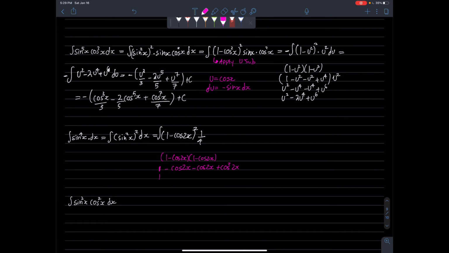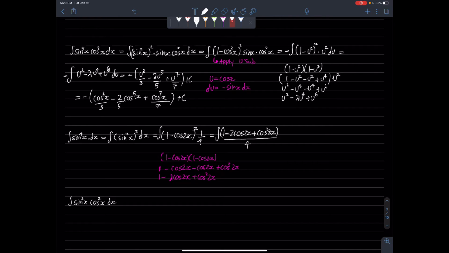So you get 1 minus 2 cos 2x plus cos squared 2x. This is what your integral is equal to: 1 minus 2 cos 2x plus cos squared 2x over 4.